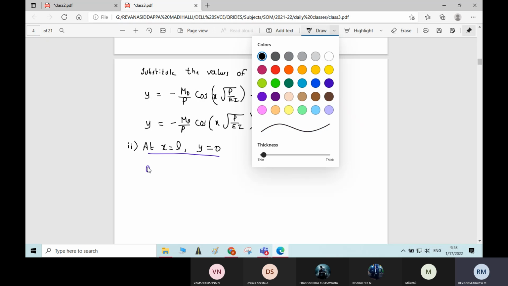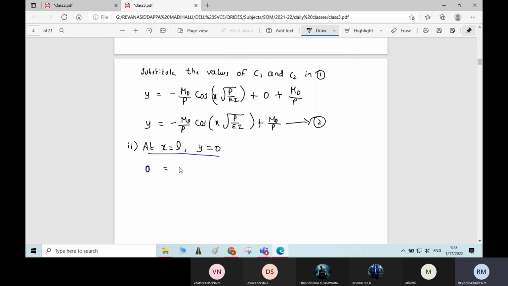So 0 is equal to minus m naught by p cos L root p by EI plus m naught by p. Now I will take the first term to the LHS.